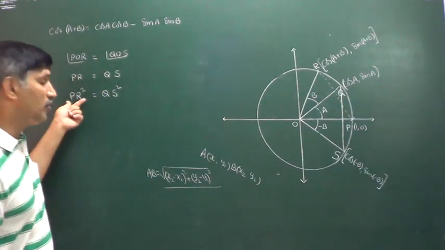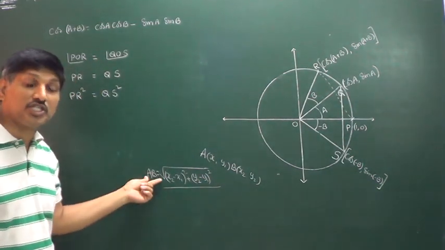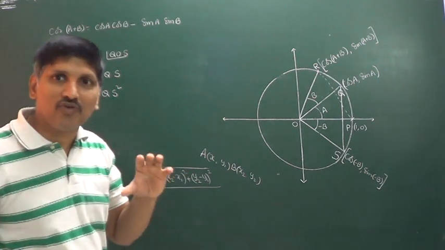But here we have PR square, that means this distance square. Then the root will be eliminated.